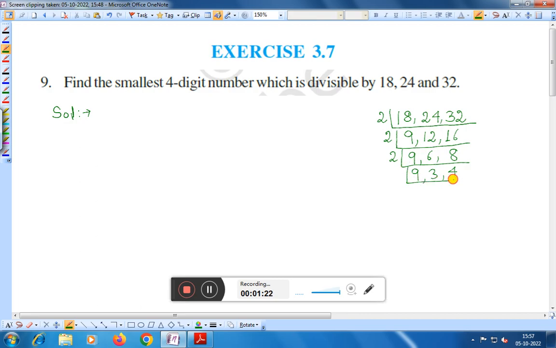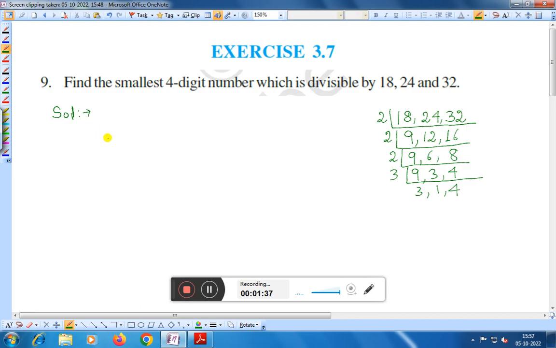Now here you see it will be divisible by 3 only, that is 3 3s are 9, 3 1 is 3 and it is 4, right? And 3, 1, 4 is only divisible by 1 only, by no other number, right?